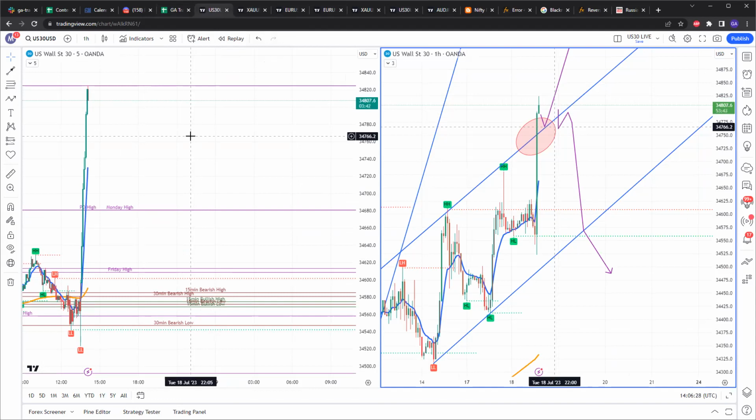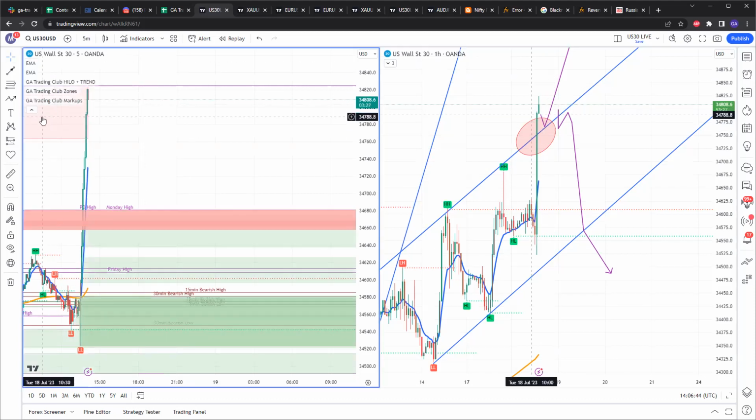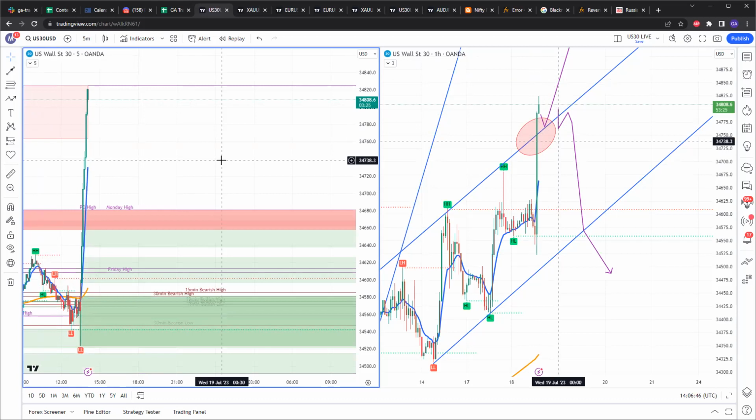Trading lessons. But right now with US 30, it's ideally because the sellers are just being wiped. In case of threat of war, Russia versus Ukraine, gold goes up, indices fall.